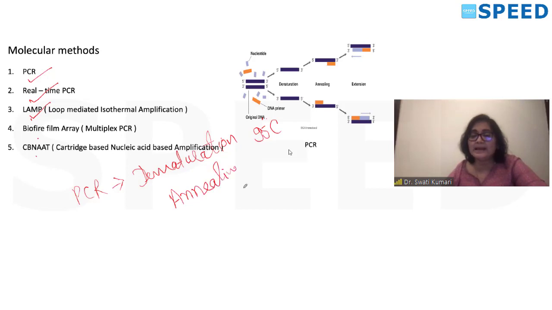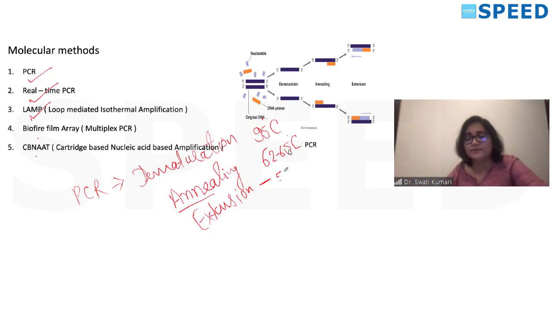Annealing happens at a temperature of 62 to 65 degrees centigrade, where primer comes and starts binding to the strand. Then extension, where DNA polymerase starts extending the fragment of DNA. That will happen around 55 degrees centigrade. So you have PCR: denaturation, annealing, extension.